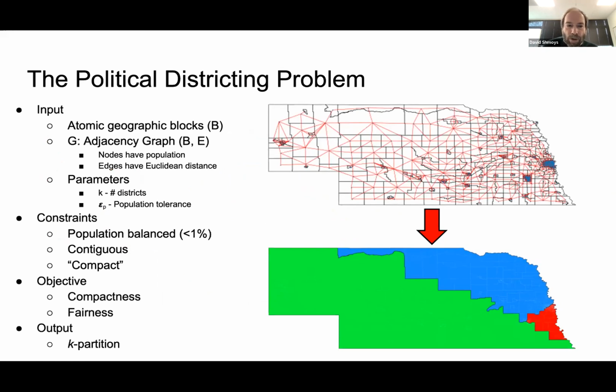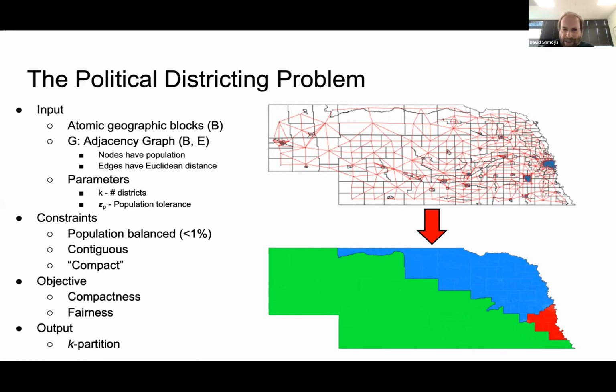There are 2 key parameters, of course: the number of districts K into which I want to partition this graph, and a tolerance in terms of how imbalanced the population can be across the corresponding districts. The kinds of constraints that come into play: the one stipulated by the Constitution is that districts should be population balanced.